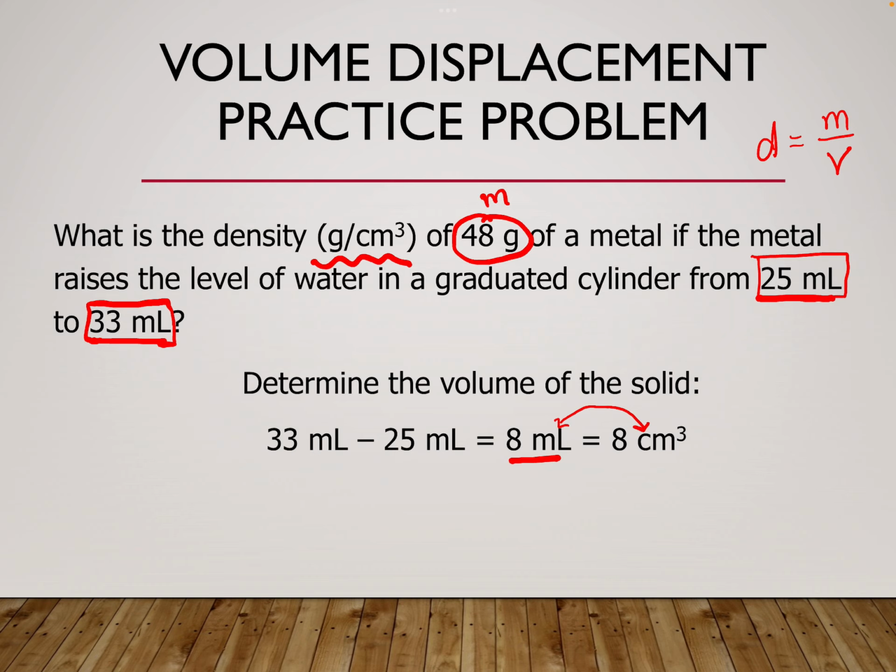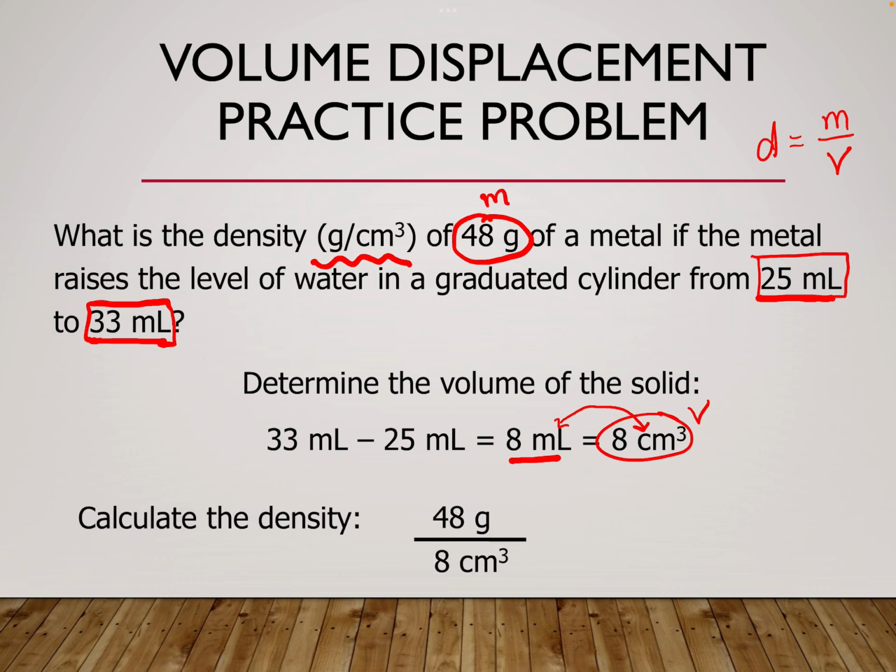So you can just write that down. You don't need to show me any work for that. That's one of those things that I will just expect you to know. All right, so now we have our mass and our volume in centimeters cubed, so we can go ahead and calculate the density. We'll just plug those in. We've got 48 grams on the top, 8 centimeters cubed on the bottom, and we'll get our density. We're rounding this to 1 significant figure here because there's 1 sig fig there.